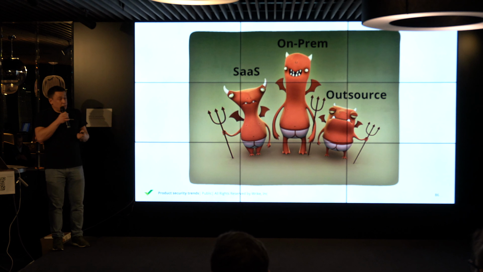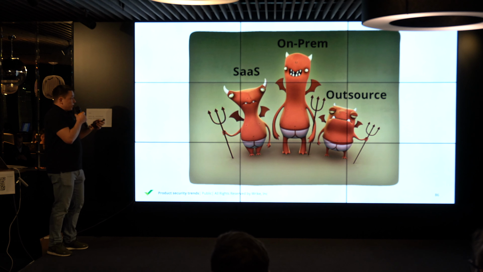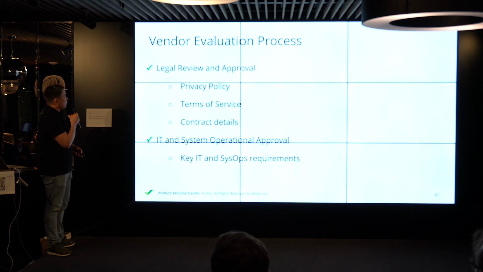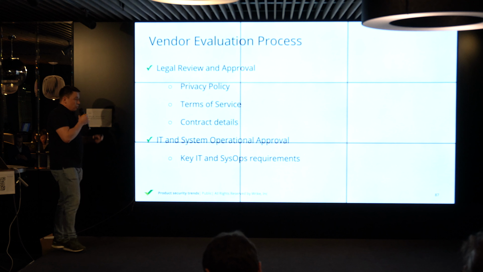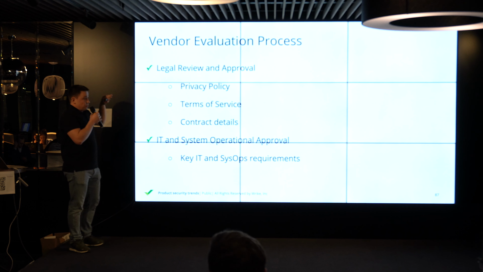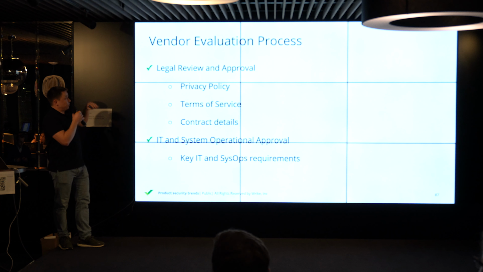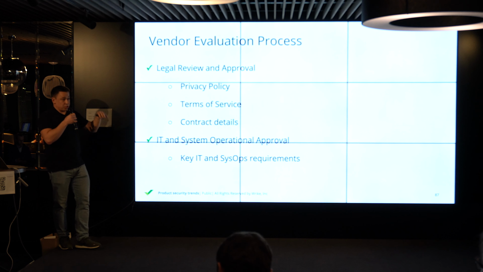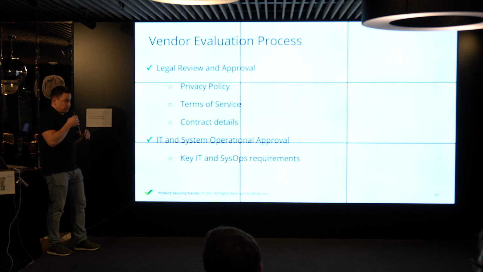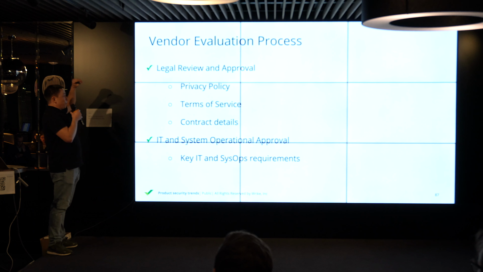Let's talk a few words regarding each of them. Our position is that for all three types of vendors, we have to perform an internal vendor evaluation process, where some points must be done.